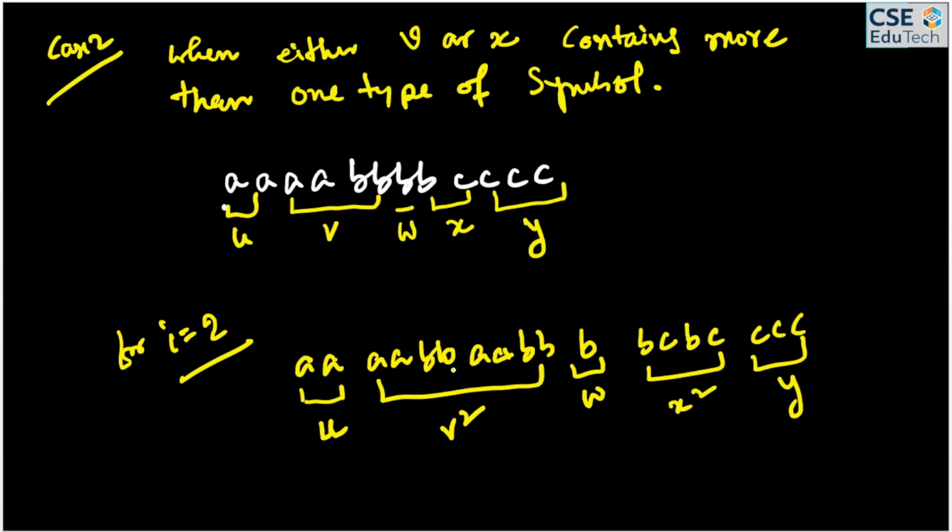Obviously this pattern does not belong to this language L, and hence it is not a context free language. In this way we can prove that certain languages are not context free languages.